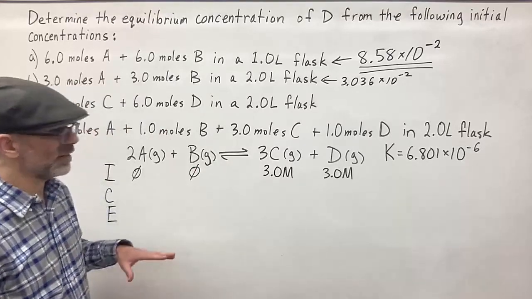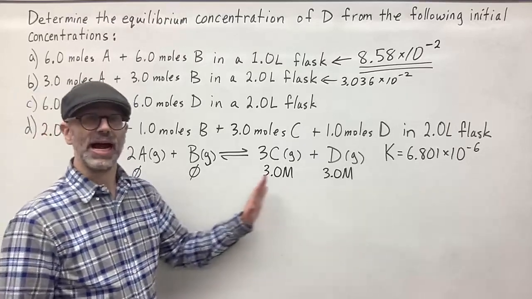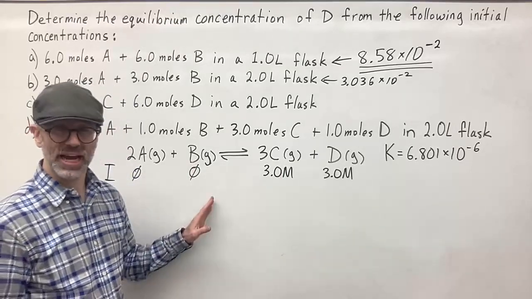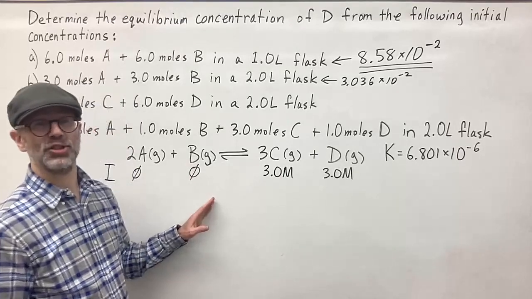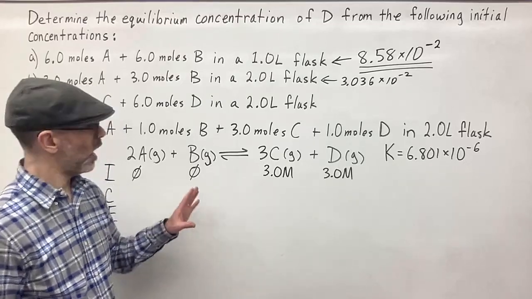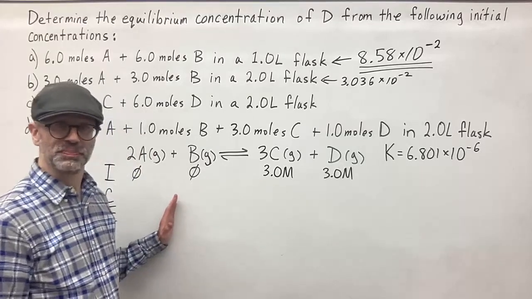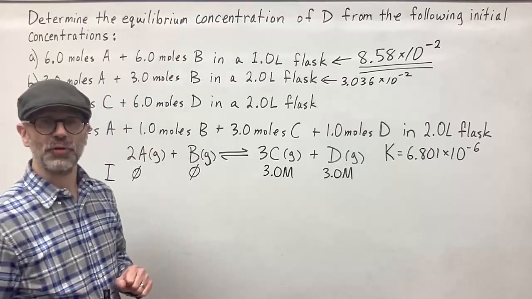Not quite completely, but enough that what we're going to have to do first is a stoichiometry problem. So we're going to have to do an ICF table first, make sure that we have the stoichiometric amounts, and then go from there.